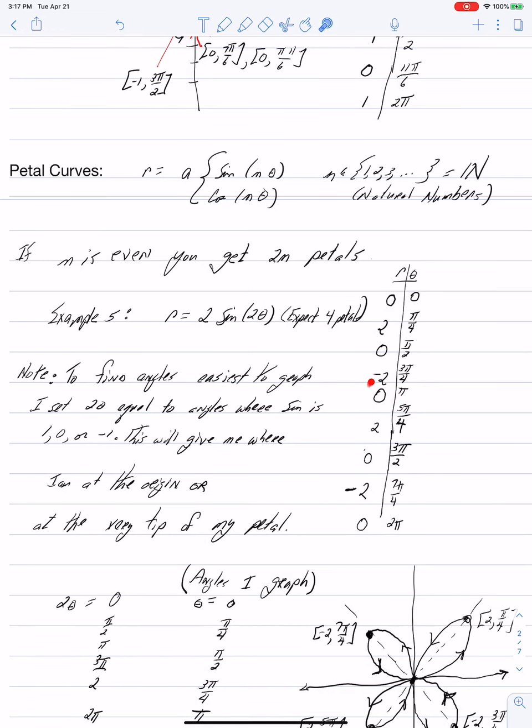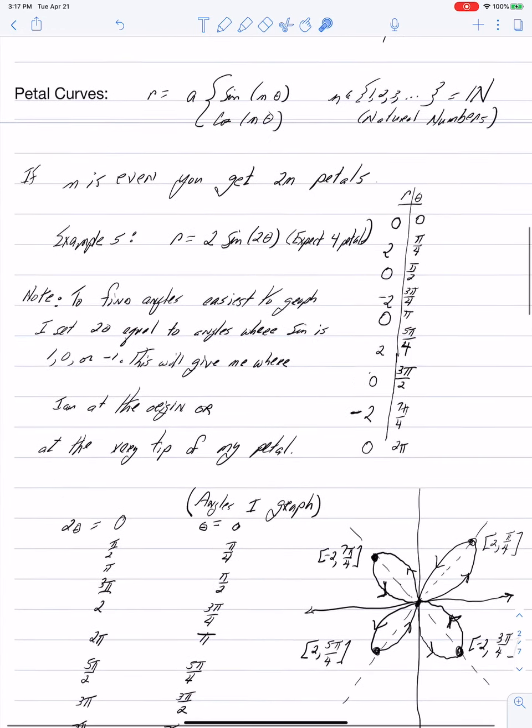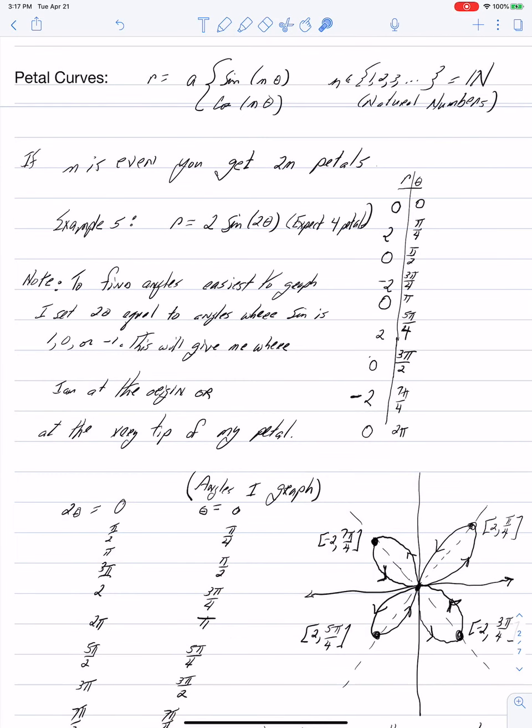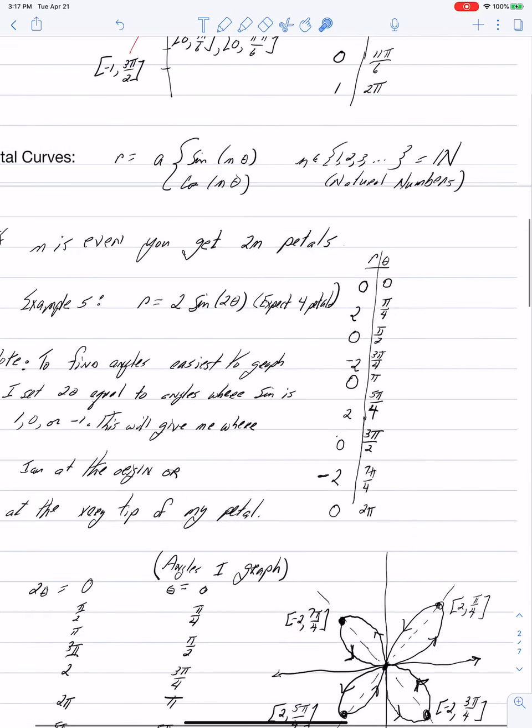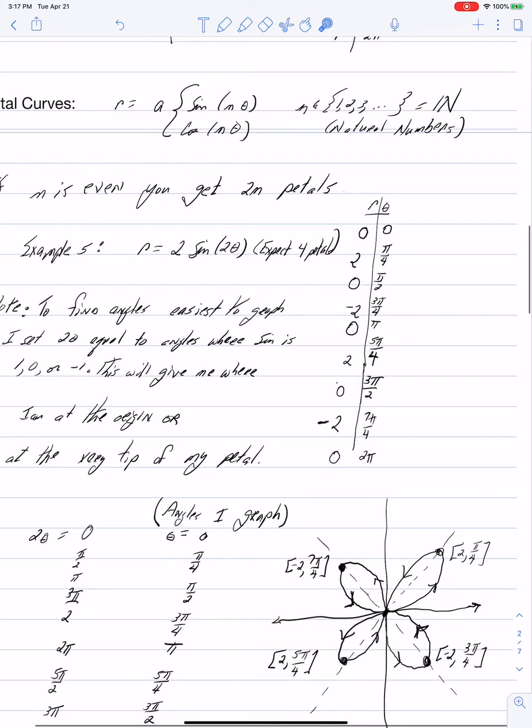All right, so you should be able to go through each one of these values and figure out what the value of r is, and that tells me where I am on the graph. Okay, so let's trace this graph through. I start at 0, 0, I'm here. Then at pi over 4, that puts me up here. That's the tip of one of those petals. And then at pi over 2, I'm back at 0 again.